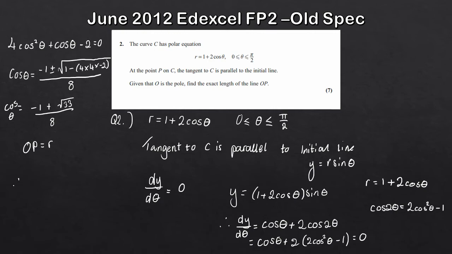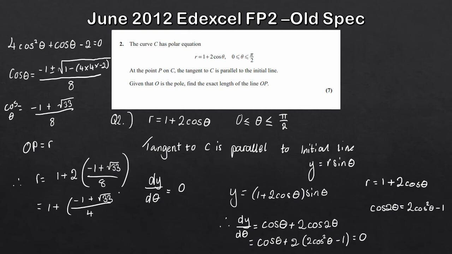So therefore, r is equal to 1 plus 2 lots of this, like so, and all we're going to do now is just simplify here. So that's 2 divided by 8, so I'm going to get 1 over 4, so I can write that as 1 plus (minus 1 plus root 33) over 4, like so.